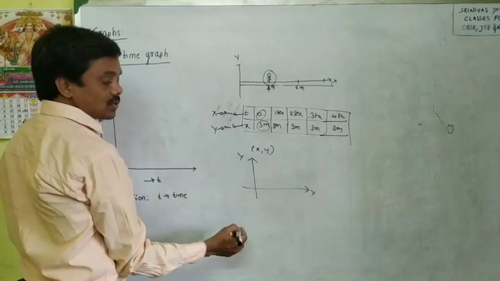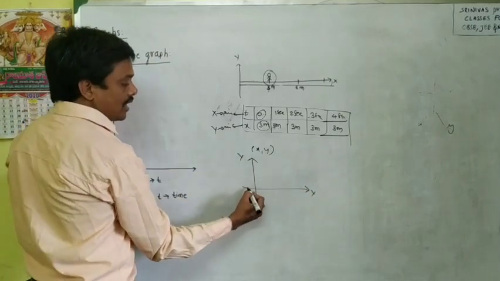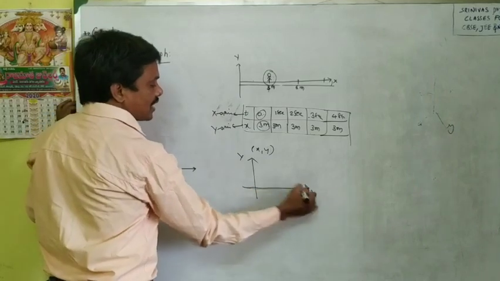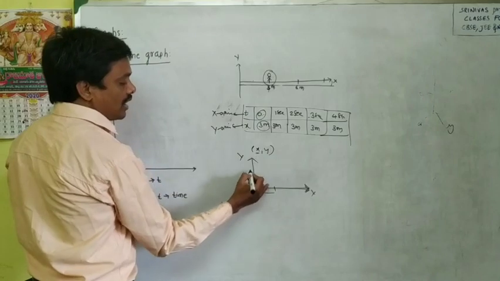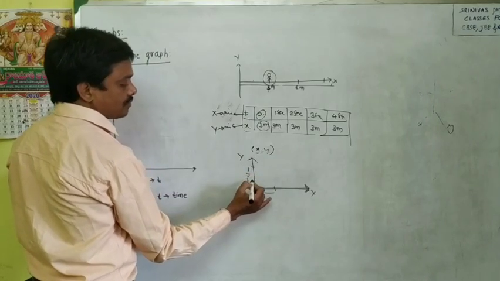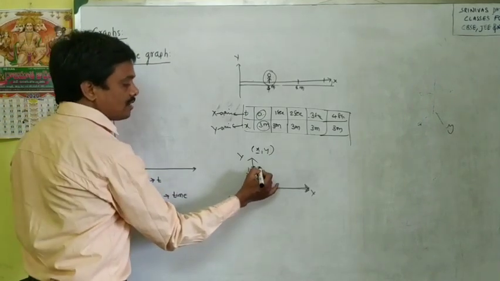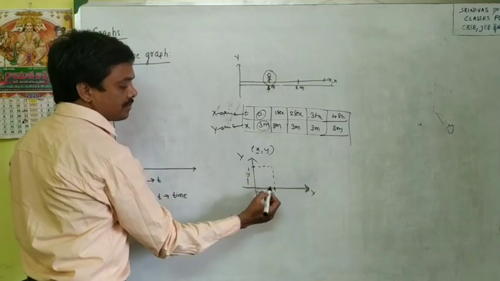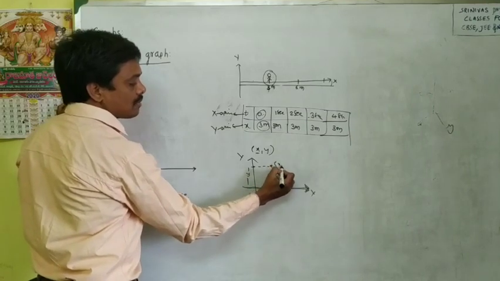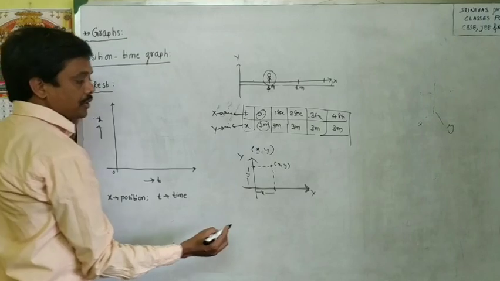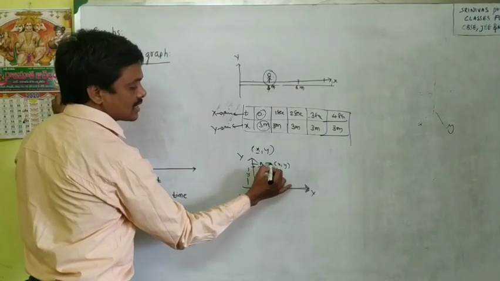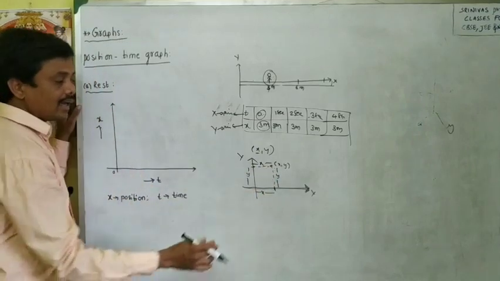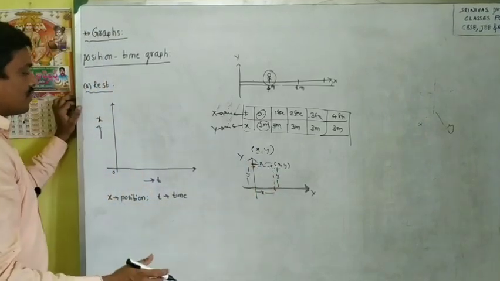This is the x-axis and this is the y-axis. x means the x distance we have to take, and y is the y distance, right? The point will be like this. This is the x comma y point. This distance is y and this distance is x, because it forms a rectangle, and opposite sides are equal.